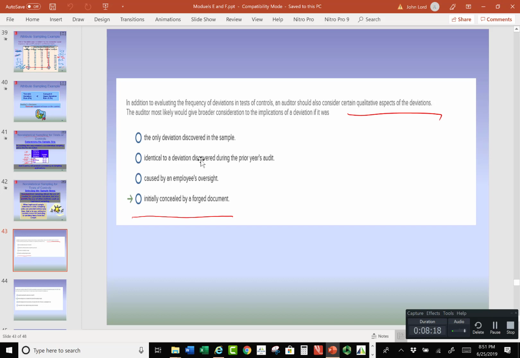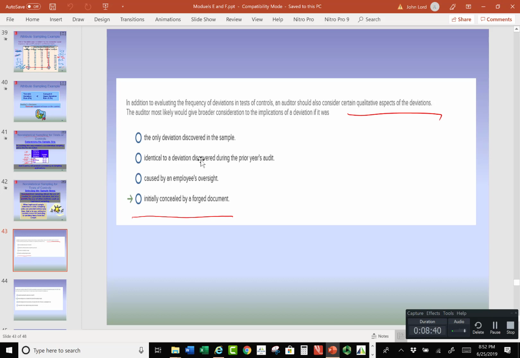If it was initially concealed by a forged document, hang on a minute. Now we're into the fraud aspects, aren't we? Remember, when we look at fraud, we look at it in the planning stage to see how potential fraud will impact my inherent risk and my control risk, and then I have to design my detection risk accordingly.